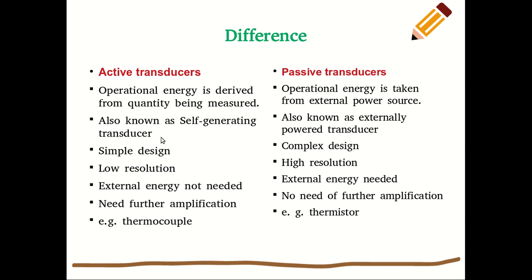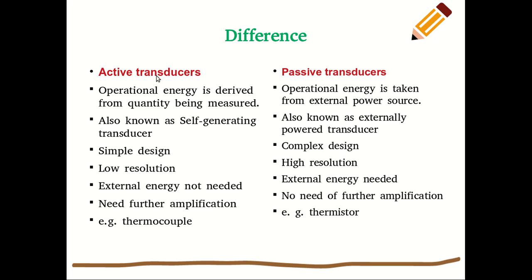The active transducer has a low resolution power, whereas passive transducers have high resolution. As we have said, an active transducer doesn't require any external energy source for the conversion, whereas in case of passive transducers, external energy is needed.